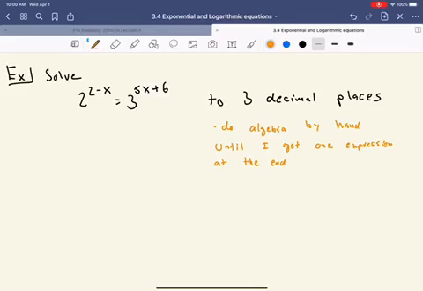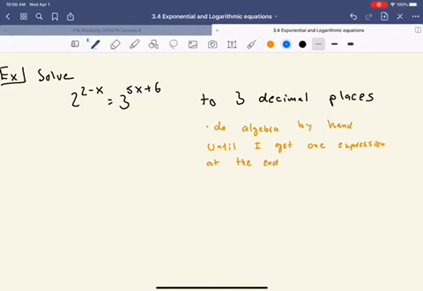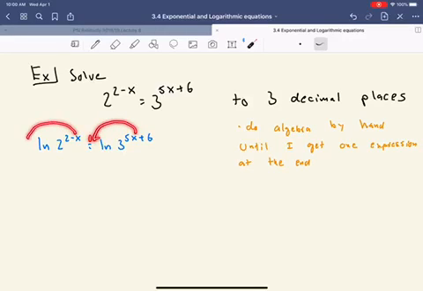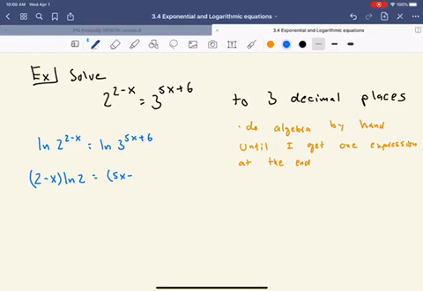So doing exactly what we did last time, we're going to take the natural log of both sides. So natural log of 2 to the 2 minus x equals natural log of 3 to the 5x plus 6. Now with the natural logs, remember, the powers will come in front. So 2 minus x times natural log of 2 equals 5x plus 6 times natural log of 3.